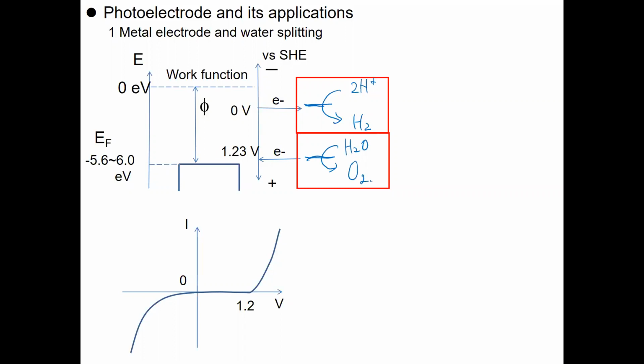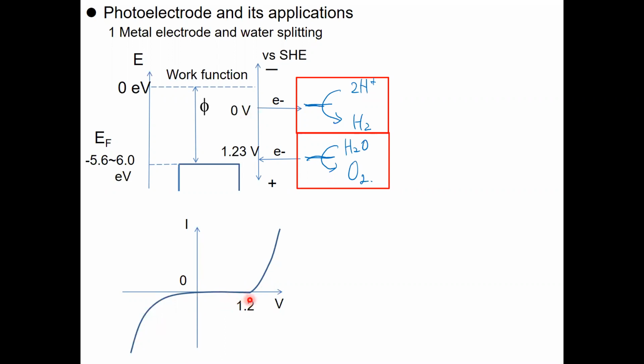That's why oxygen is generated. By summarizing these figures in the IV characteristic, you could see the voltage lower than 0 volt is going to give negative current, meaning the electron is going outside, not inside the circuit.